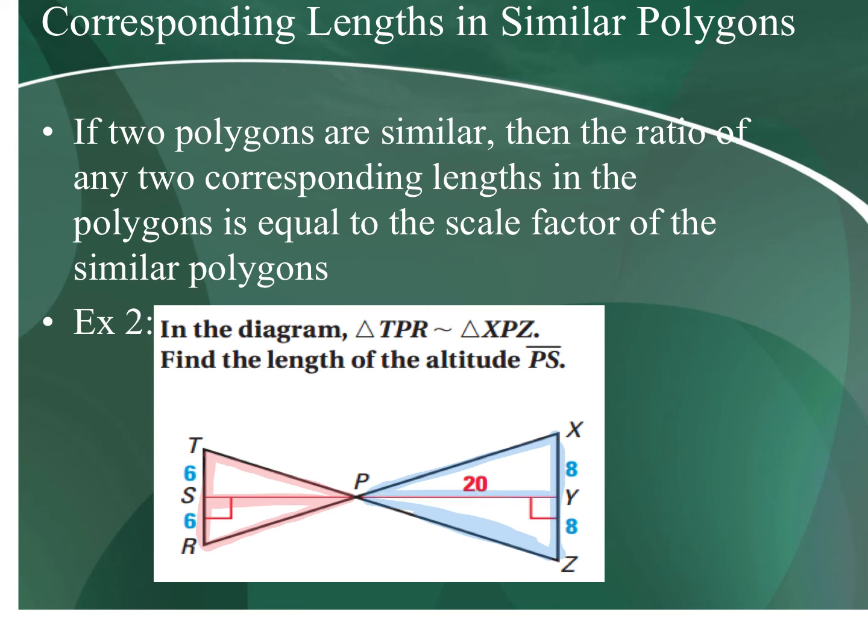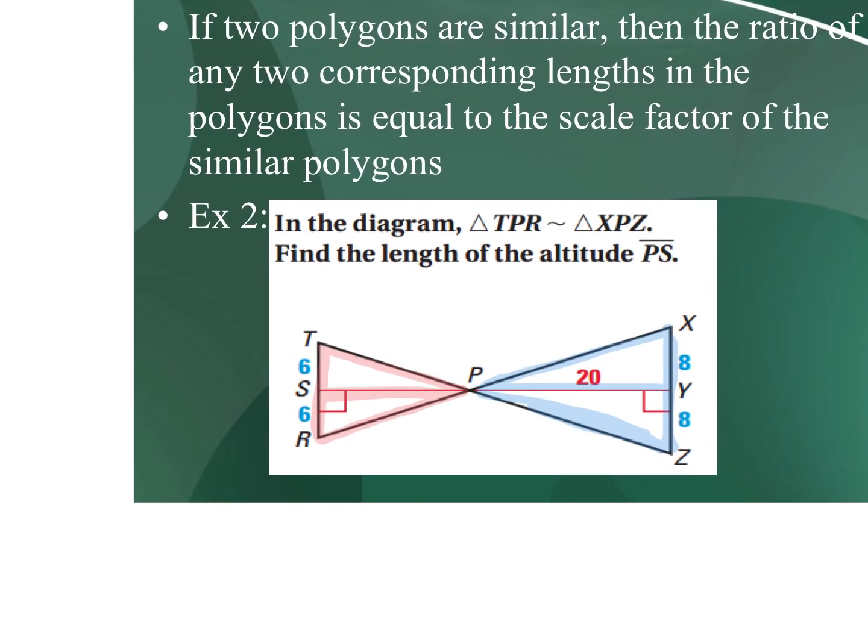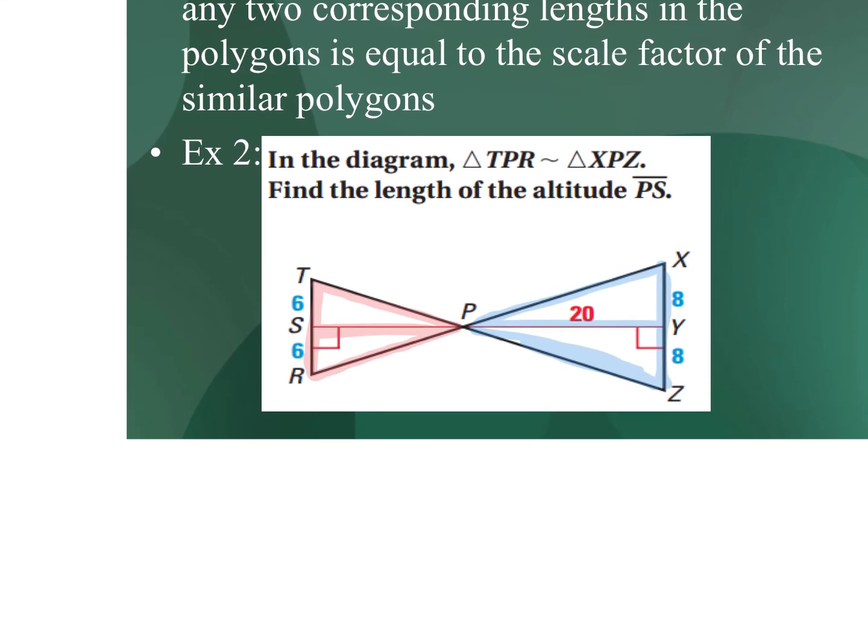So again, I'm going to set up a proportion. Now, what I need to do is find the side of the triangle that I have the length of. So in the red one, I have the length of TR. It's going to equal 6 plus 6, so that length is going to be 12. And then I also have the length from the blue one of XZ, and that's going to be 8 plus 8, and that's 16.